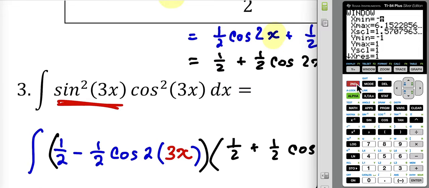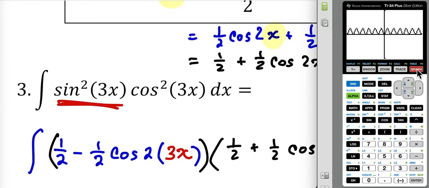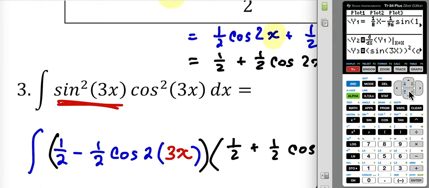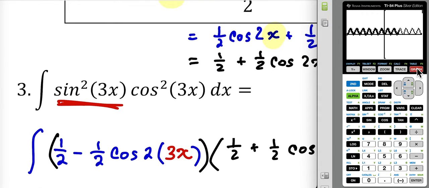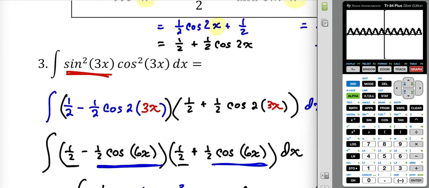Let's go to negative pi, just to see. We don't have two unique graphs. It implies that one is being graphed on top of the other, but what we can do to really emphasize that is make the second one bold so it really pops out at us. All right, and so there you go. So that was number 3.